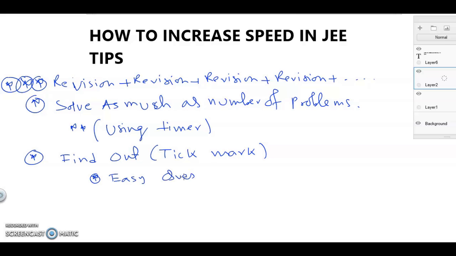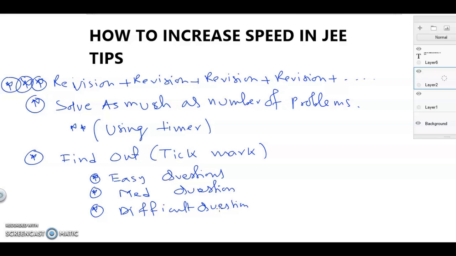Tick mark easy questions, medium questions and difficult questions. You are mature enough to detect which is which. And most importantly, tick mark the wrong answers plus the unattempted questions. This one is a double star.